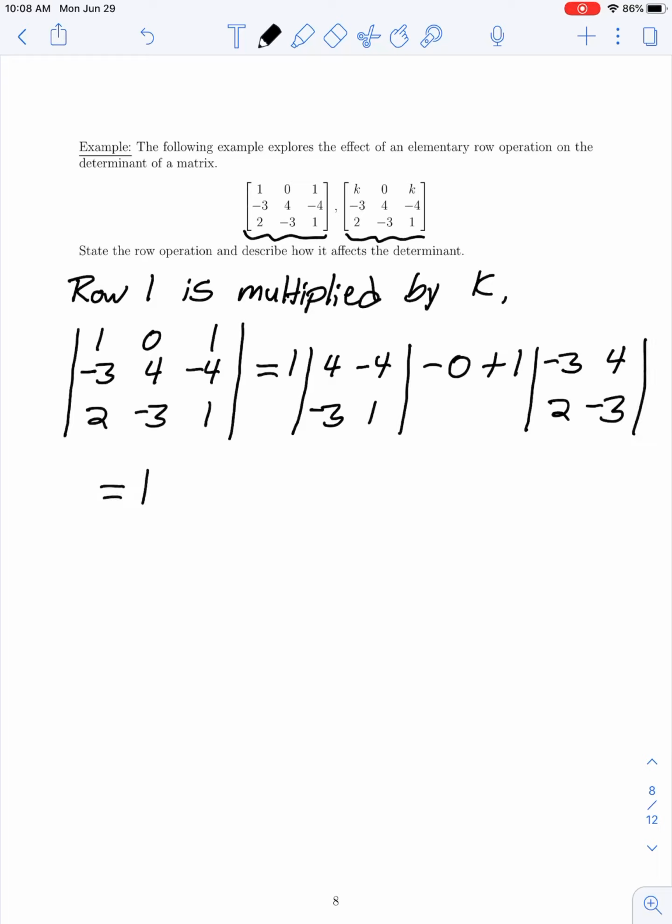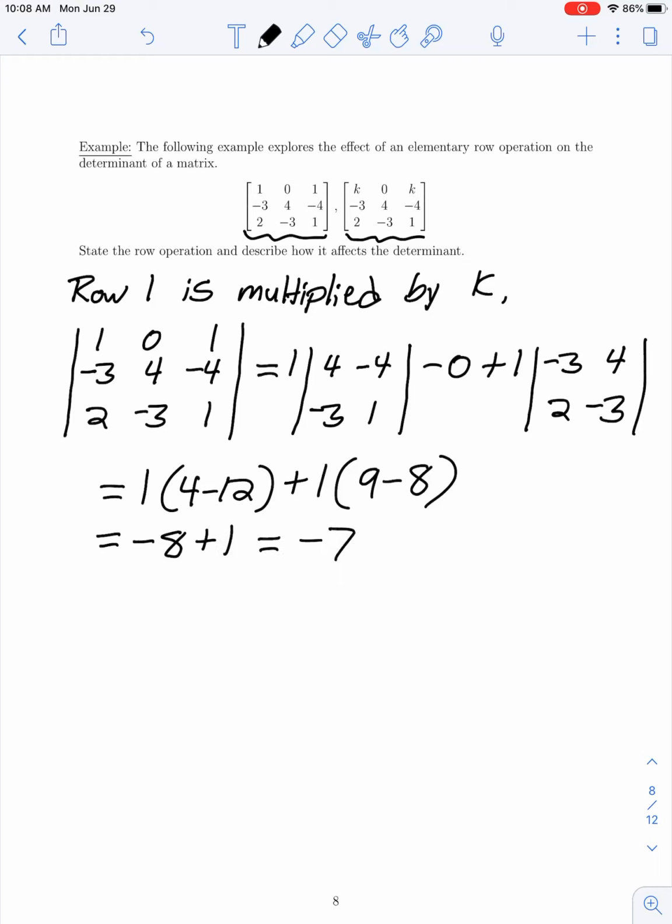This gives us 1 times 4 minus 12, minus 0, plus 1 times 9 minus 8. So we're left with negative 8 plus 1, or negative 7, for the determinant of our original matrix.